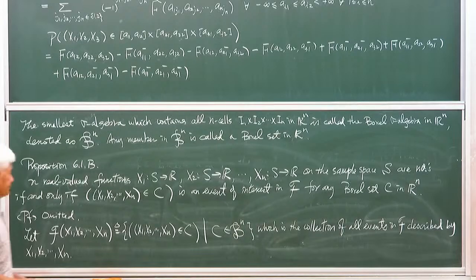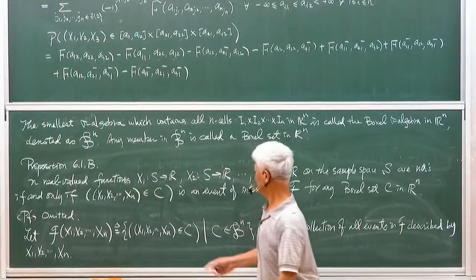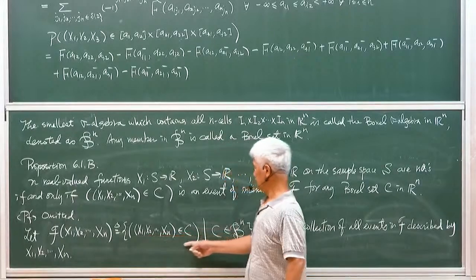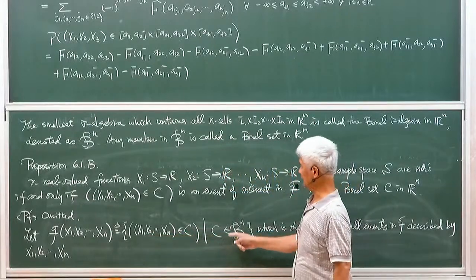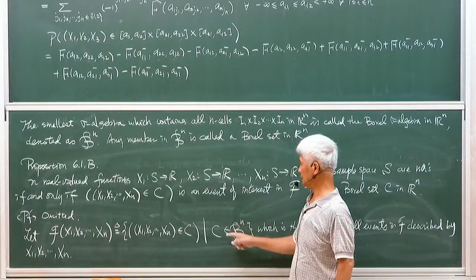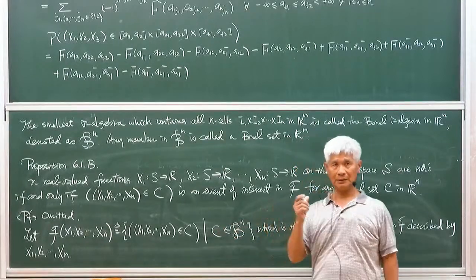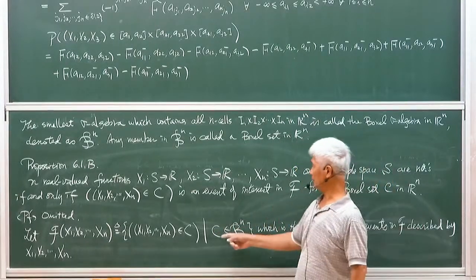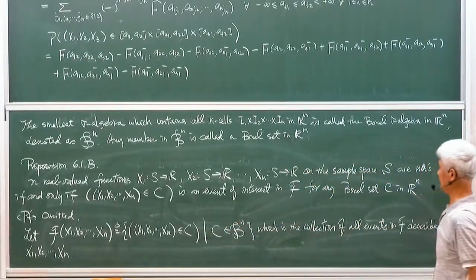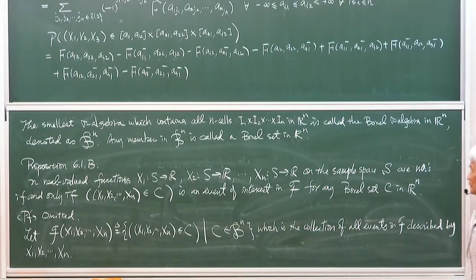So we collect all such kind of events for all C in script Bn, so that C ranges over all possible Borel sets in Rn. So we collect them together.